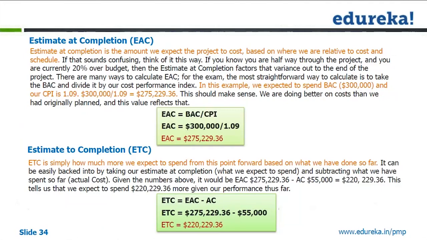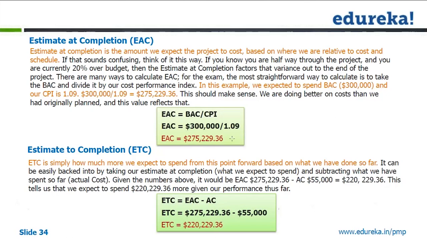So what is the estimate at completion? It is the amount we expect the project to cost based on where we are relative to cost and schedule. So EAC is equal to BAC by CPI. Which means that we are saying that the same kind of delay will continue, because you will continue with the same set of inexperienced resources. So 300,000 divided by 1.09.